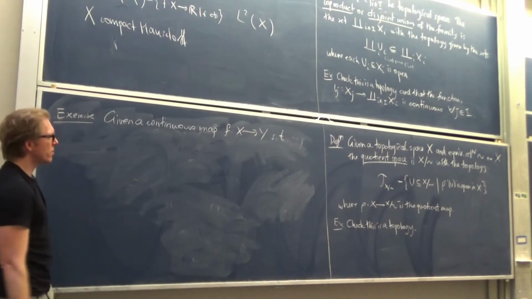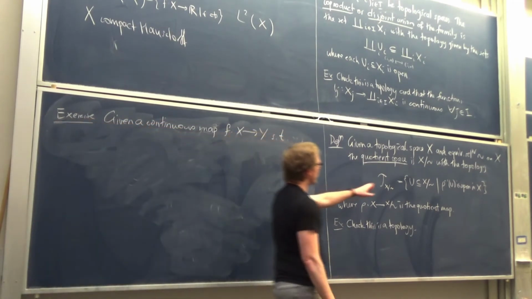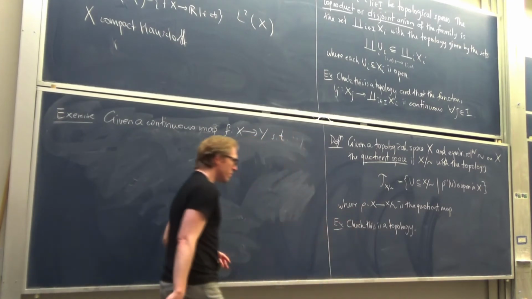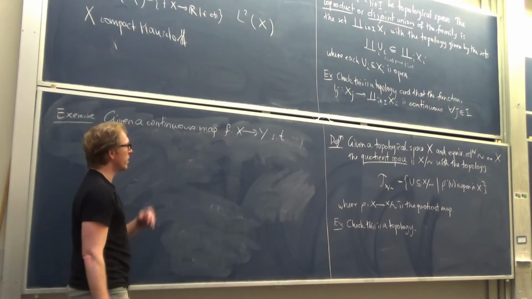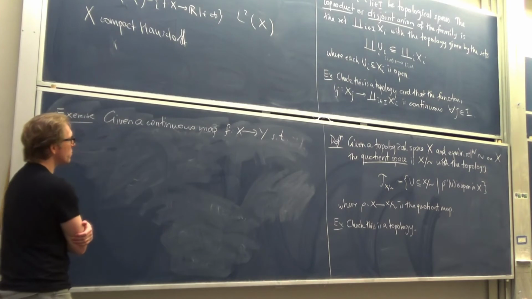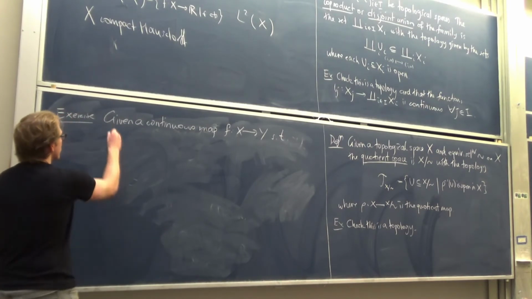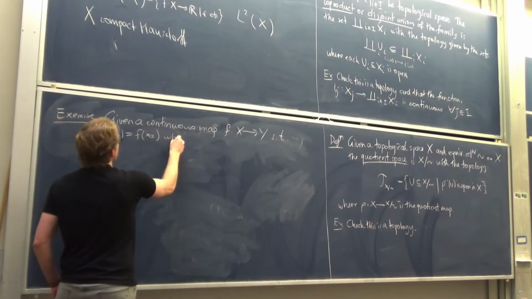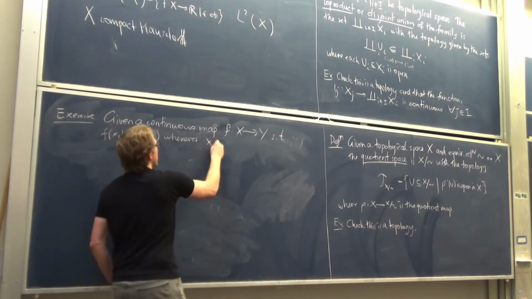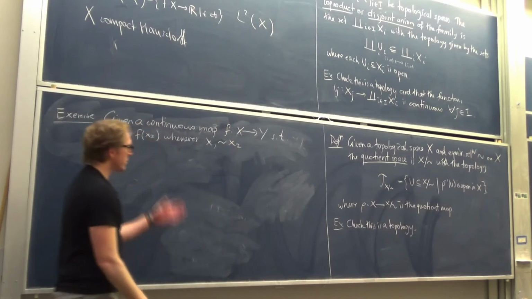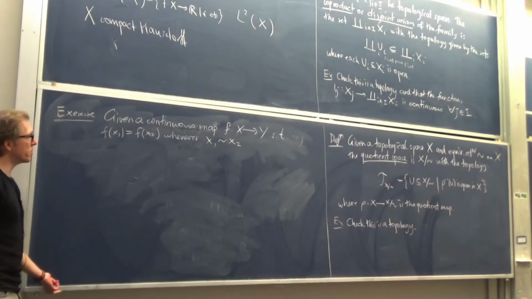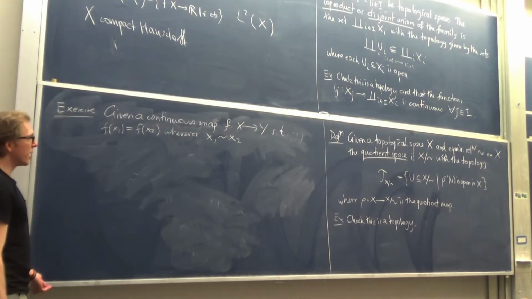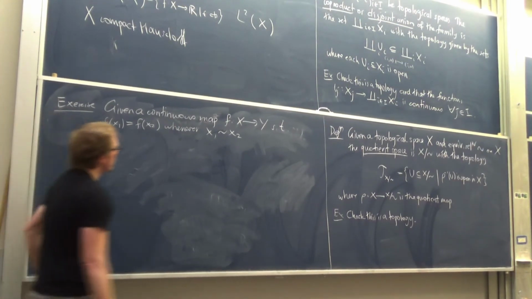Right? So the whole point of forming this quotient is that it has some good property with respect to maps out of it, and this is the property. So given a continuous map f from X to Y, such that f of x1 equals f of x2 whenever x1 is equivalent to x2, right? So we've got some equivalence relation on X, and suppose f respects the equivalence relation. So it collapses equivalence classes to the same element of Y.